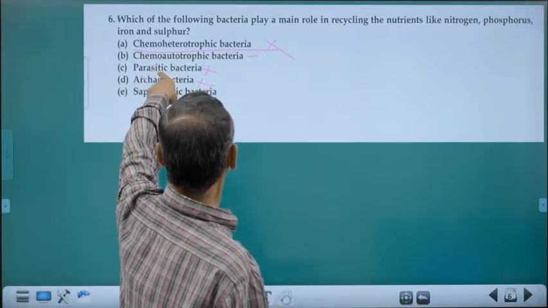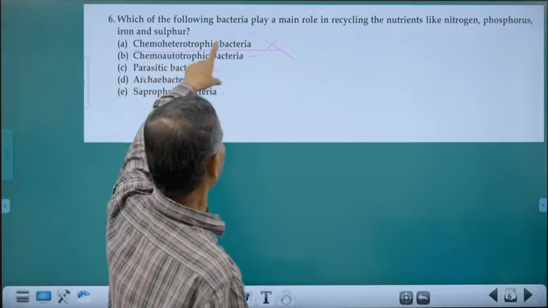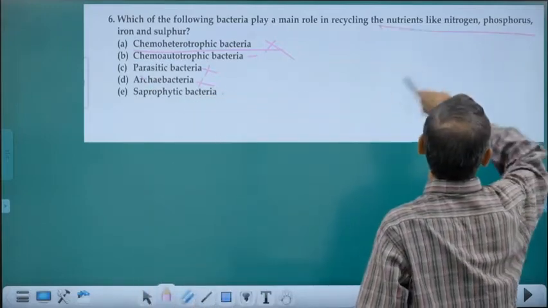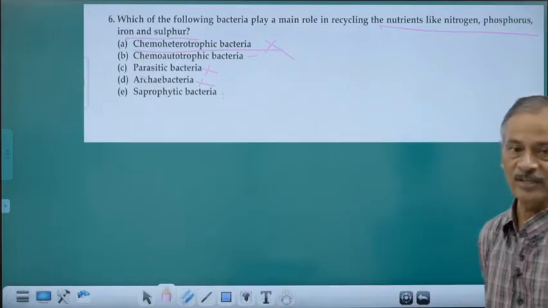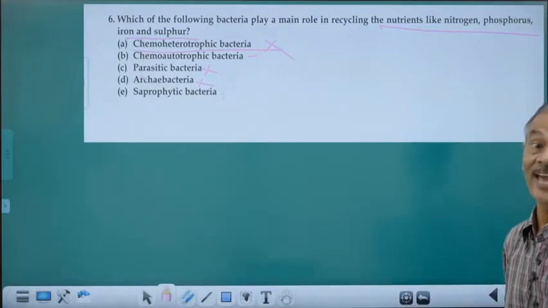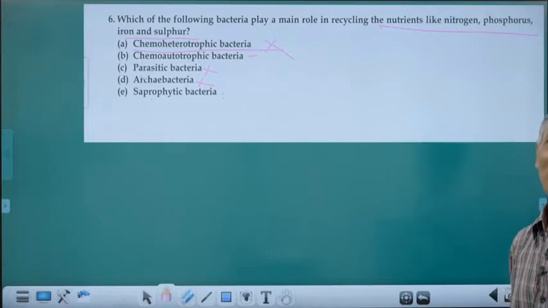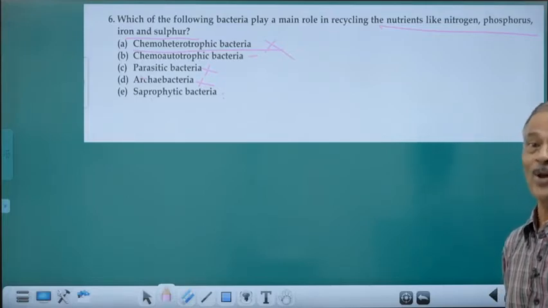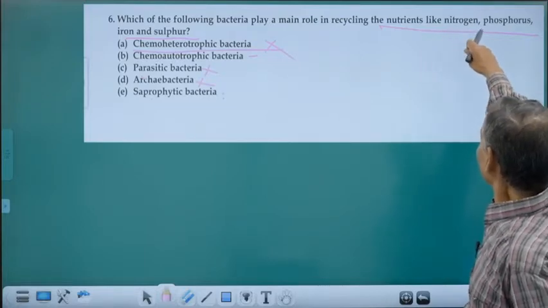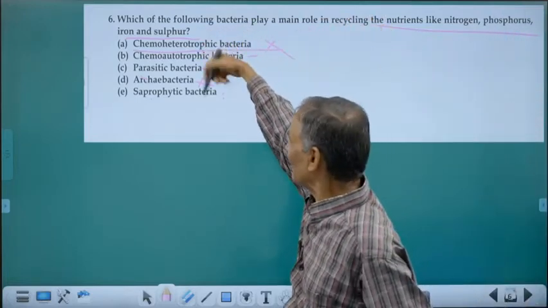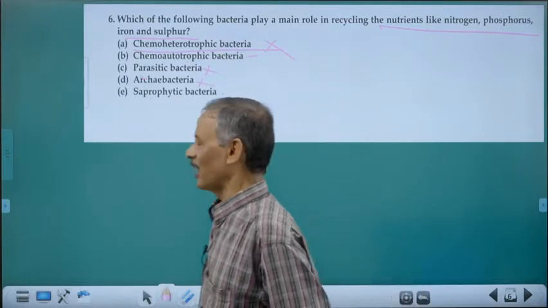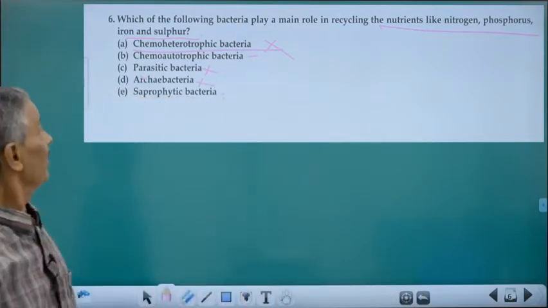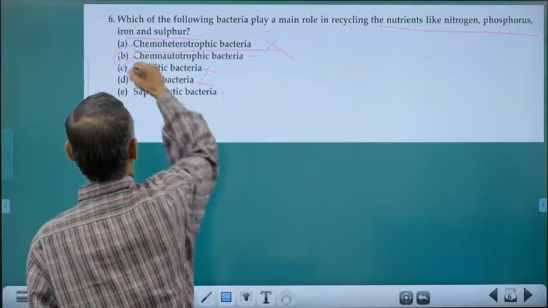So the most important answer is chemoautotrophic bacteria in nutrients like nitrogen, phosphorus, iron and sulfur. Saprophytic bacteria are breaking down organic materials, converting them into carbon dioxide, water. Whereas nutrients like nitrogen, phosphorus, iron and sulfur are recycled mainly by chemoautotrophic bacteria. That's why we take this as the answer. Okay.